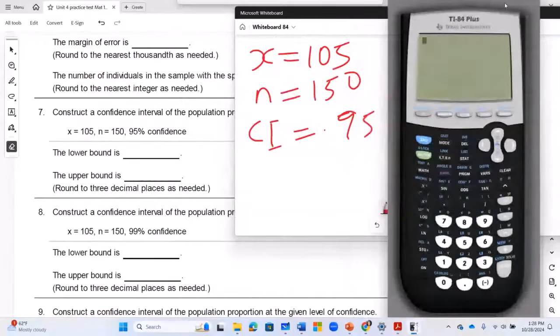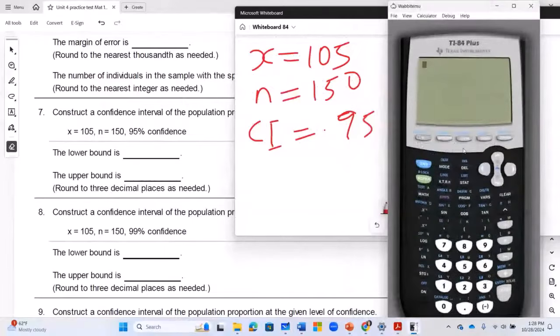So I am going to press Stat, arrow to Test, and I am doing the P confidence interval. The P confidence interval is called the one proportion Z interval, one prop Z interval, and that is option A. I select that.